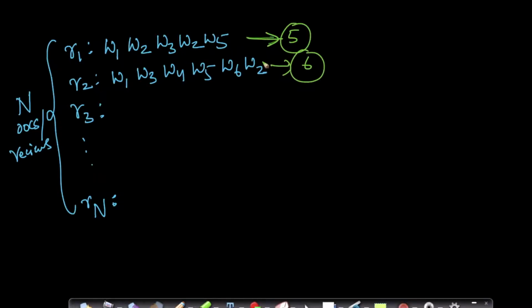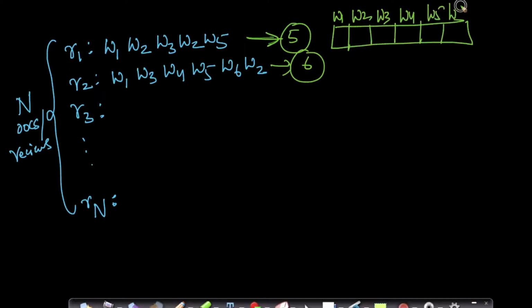Now, what we have done in bag of words is we have converted the reviews into vectors. So we have 6 distinct words: W1, W2, W3, W4, W5, and W6. What is the representation of R1? W1 occurs once, W2 occurs twice, W3 occurs once, W4 does not occur, W5 occurs once, W6 does not occur.